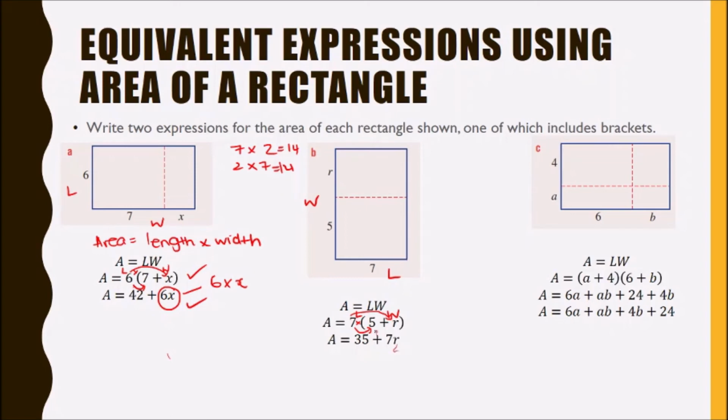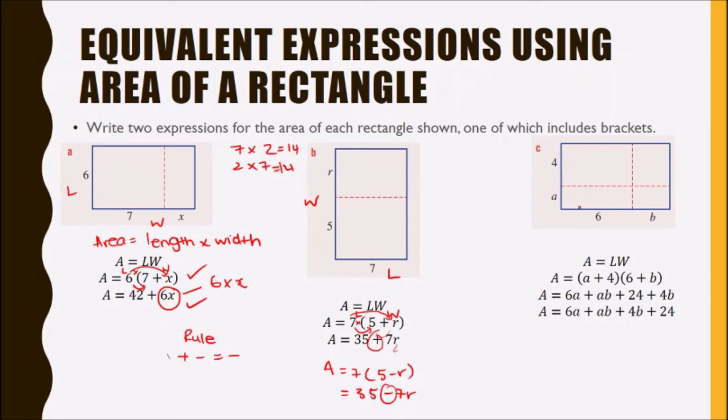Now we do need to remember the rule of positive and negative equals negative, because if the question was 7 times 5 minus r, it would be 35 minus 7r, which is different from a plus there. So we really do need to look at our signs very carefully, because we want to get into the habit of practicing them so we're quite confident later.